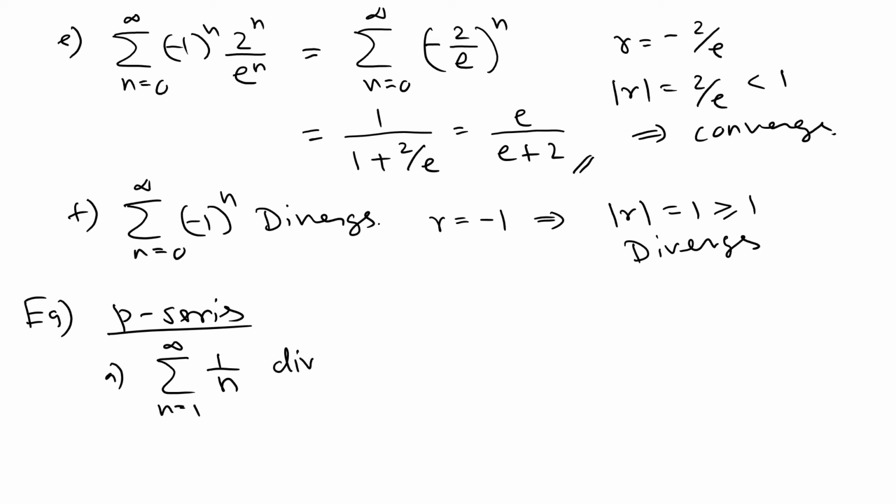So that means it's going to diverge, since p equals 1, which is less than or equal to 1. When you do the p-series, if p is less than or equal to 1, it can diverge. And also this has a special name. This is what we normally call the harmonic series. When p equals 1, this is the harmonic series.